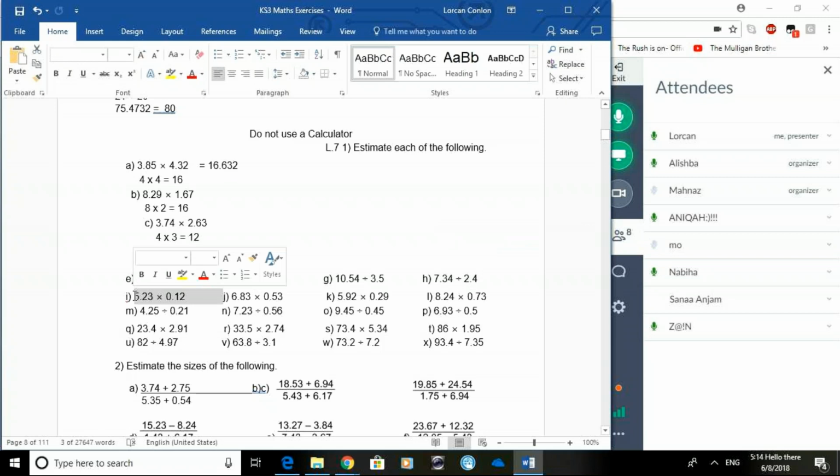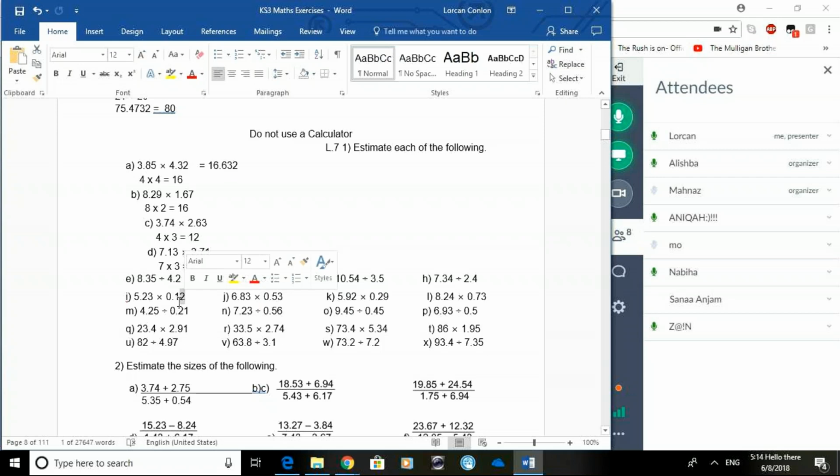Sana, what about this one? I rounded 5.23 to 5, but I don't know what to round 0.12 to. Okay, so again, Sana, we'll just do it exactly the same way. We want to do it to one significant figure, so we go along and see where our first non-zero number is, and in this case, the first number we come to that isn't 0 is this 1.